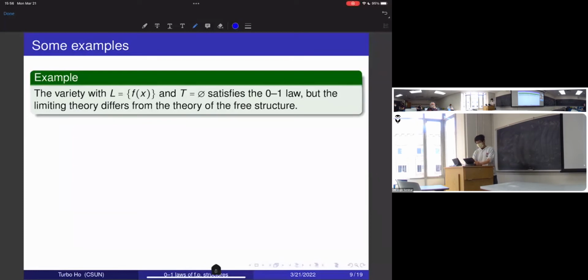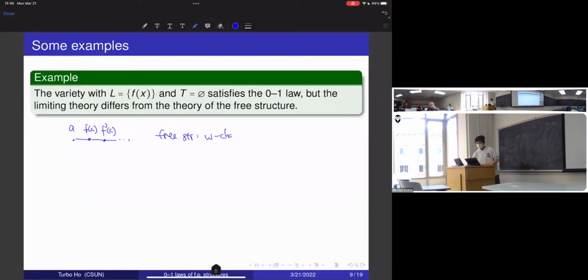Because you start with a, so for the rest of the talk, we're going to concentrate on only one generator. Again, you can do it with more generators, but one generator already has an interesting story. So you start with A, and then you have f of A, and then you have f squared of A, and so on. So this is the free structure.